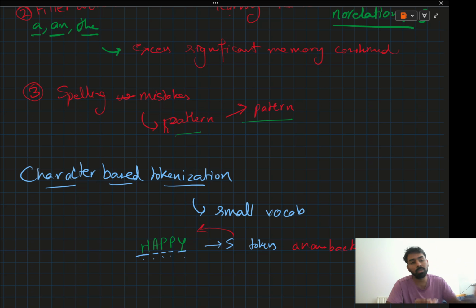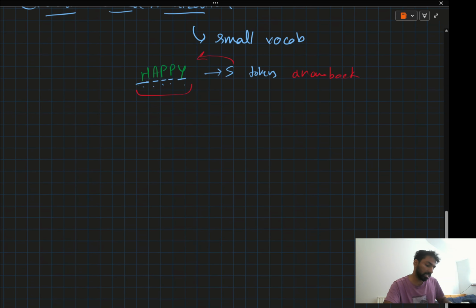Also, another major thing is that it loses the pattern of language. Because we have tokens defining an individual character and not a complete word with meaning, we miss on that.